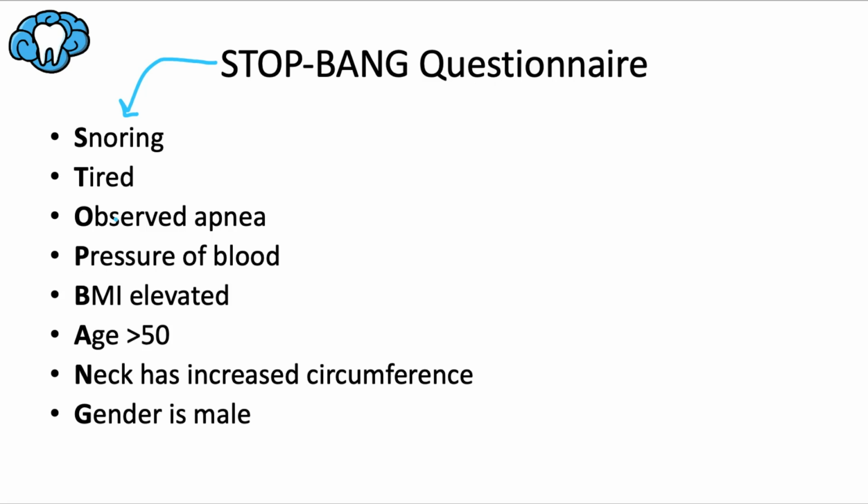So if their spouse or roommate saw that they had an apnea, you would check that one off as well. Pressure of blood, and what that means is someone who has hypertension, you would check that box. An elevated BMI, an age over the age of 50, a neck that has increased circumference, and someone who is of the male gender. And so again, the more of those that you check off, the higher risk you are.